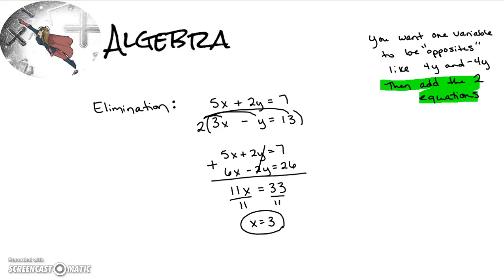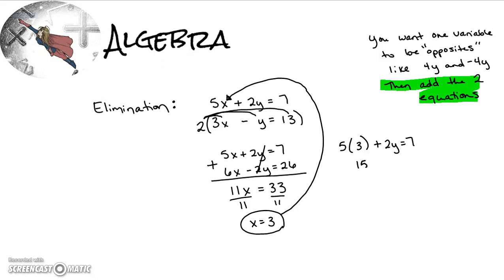That's our x. Now, with the substitution method, I told you there's one really great place to plug the x equals 3 back into. With the elimination, there's not really as clear-cut of a good place. So I'll just arbitrarily pick this equation. I'm going to plug in 5 times the x value, which is 3, that we just found, plus 2y equals 7.